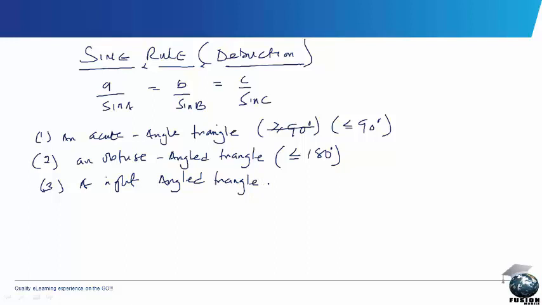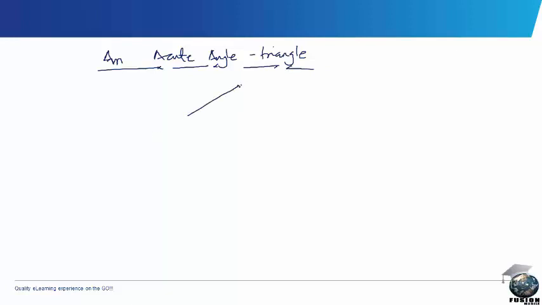Okay, and the first we said is an acute angled triangle, which we can draw as follows. Okay, and then denote the vertices as A, B, and C.